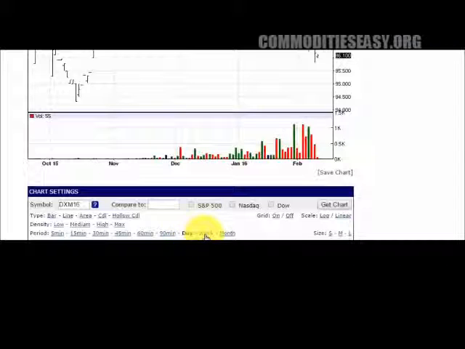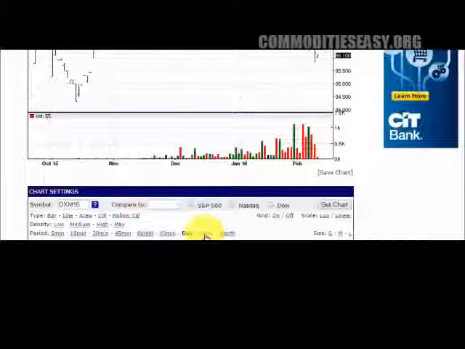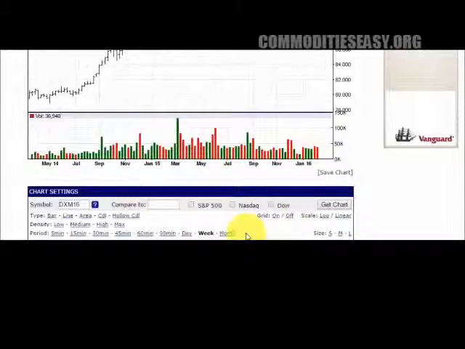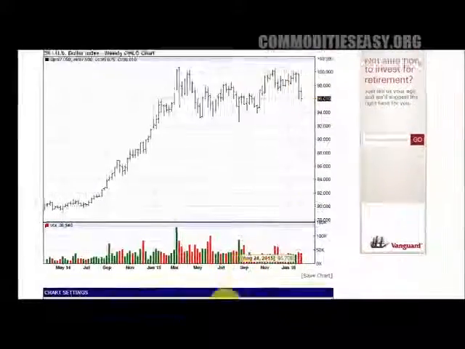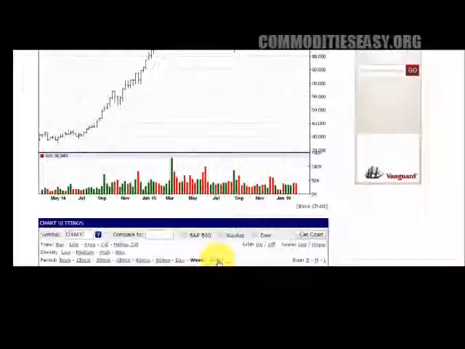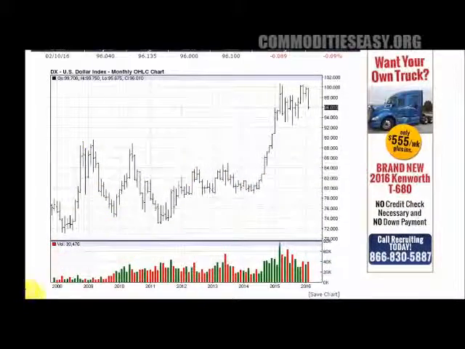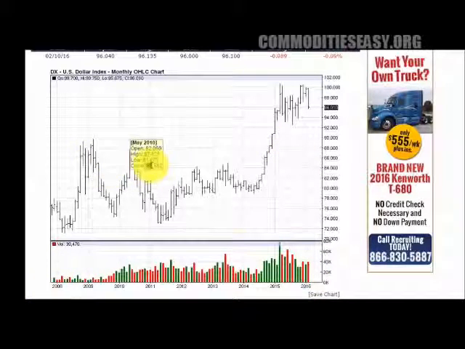We'll be dealing with the weekly chart, which will give our 1, 2, 3 formation and also our entry point. And the monthly gives us 20-year highs and lows. It doesn't necessarily go back 20 years, but on this chart it goes back 8 years, which is more than enough time.